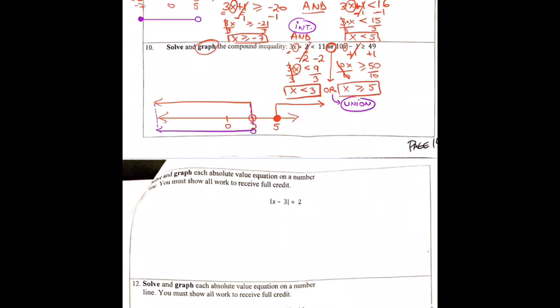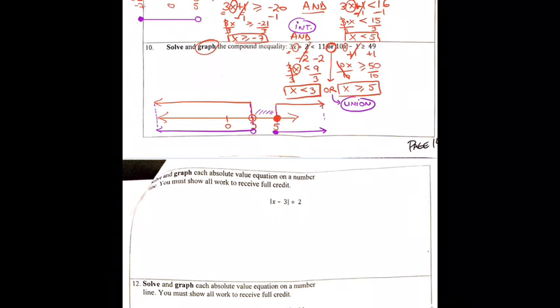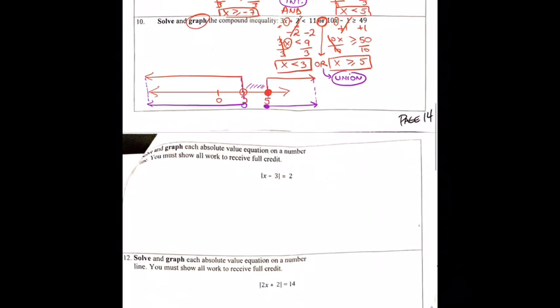Open circle on 3. As you see, between 3 and 5, I do not have any lines. There's no answers there, so I skip that part. But past 5, I still have answers, so I bring all of those down. So my final answer is all of the numbers less than 3 and all of the numbers greater than or including 5.